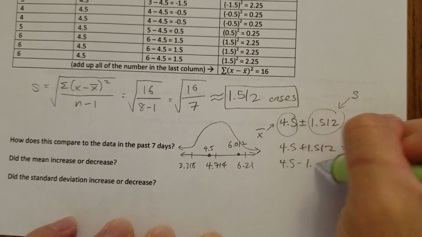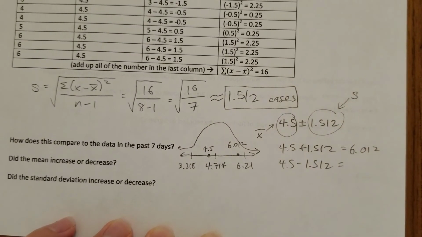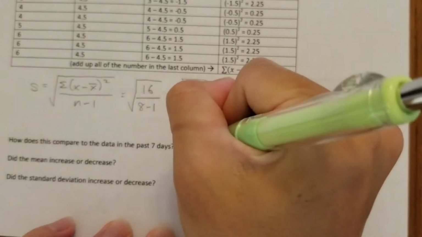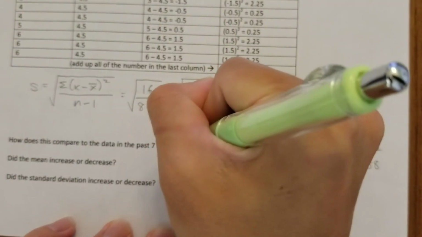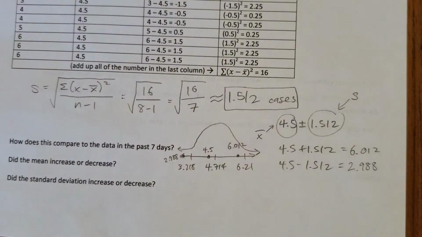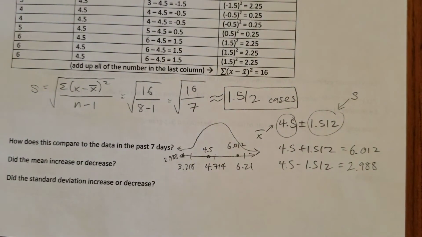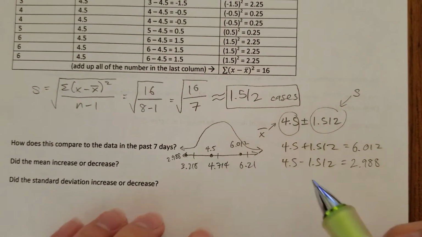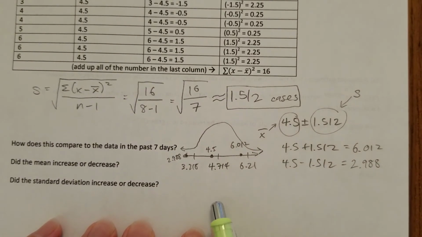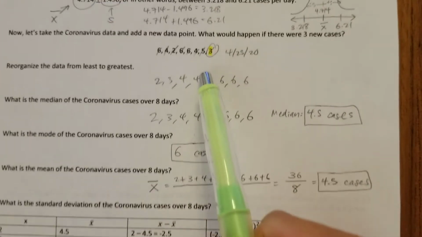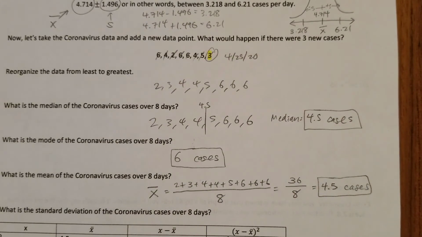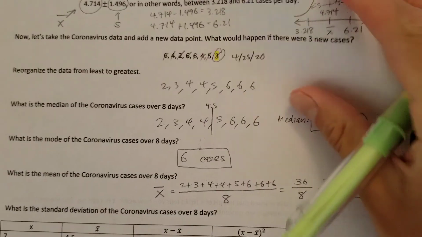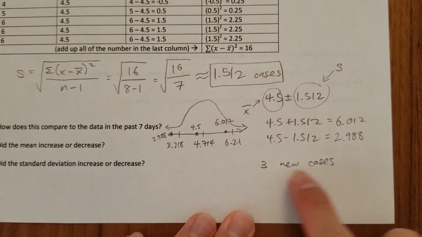And we have 4.5 minus 1.512, and I think this is about 2.988. So this is going to be somewhere around here, 2.988. Those dots represent the new data. If you look at this, the number of cases that we had earlier, so we have 3 new cases.